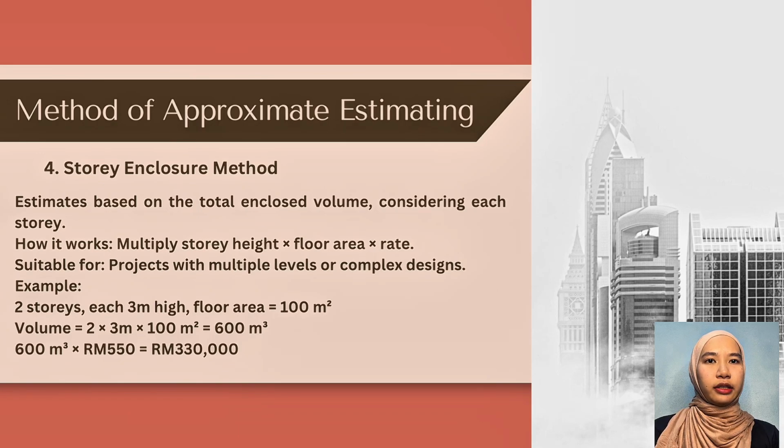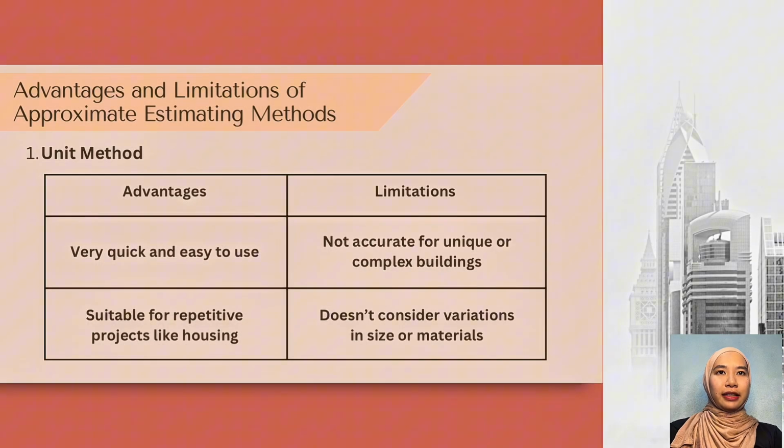So we get a total volume of 600 cubic meters. We multiply the 600 cubic meters by the rate of 550 ringgit. So the estimated total cost will be 330,000 ringgit.